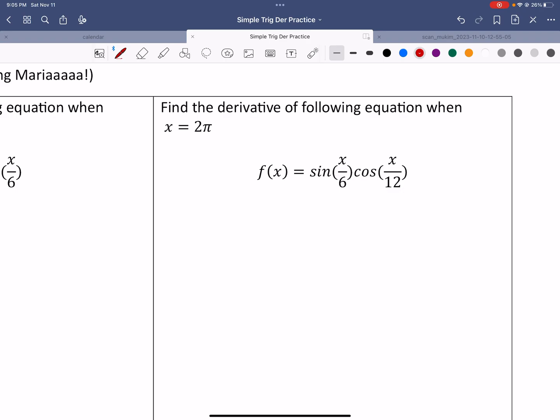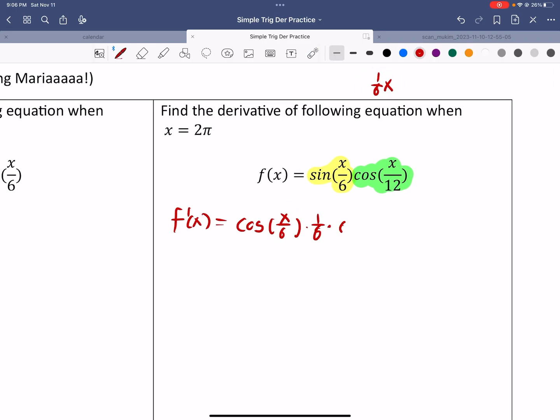So it's sine of x over 6 and cosine of x over 12. So what should we do? First, let's make it like this, and let's derive it. So f prime of x is equal to the derivative of sine x over 6, which is cosine x over 6 times 1 over 6, because it's the same thing as 1 over 6 x, right?